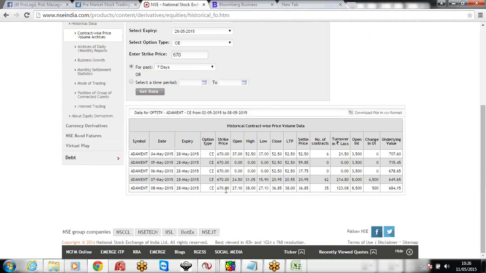So on 8th May, 670 strike, that's a call option. The open was around 27 rupees and it closed at 38. And you can just check the current price that is running in Adani Enterprises options. It will be much more than this. I'm unable to open the coding here, otherwise I could have shown it. Can someone check what is the current price for the Adani 670 strike call option?